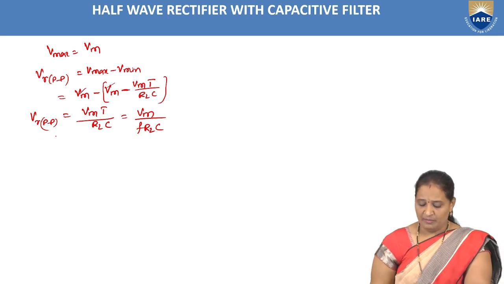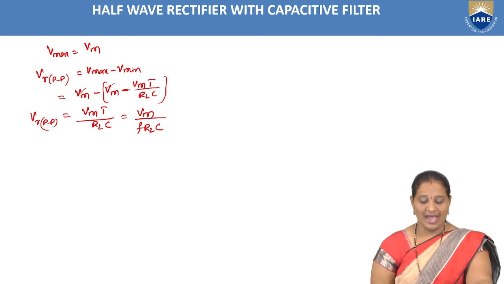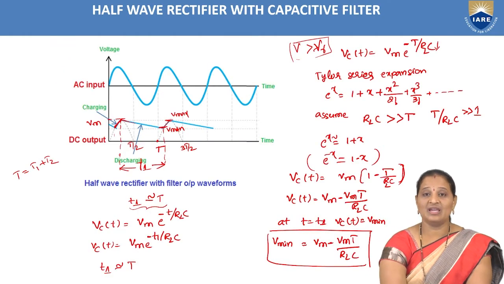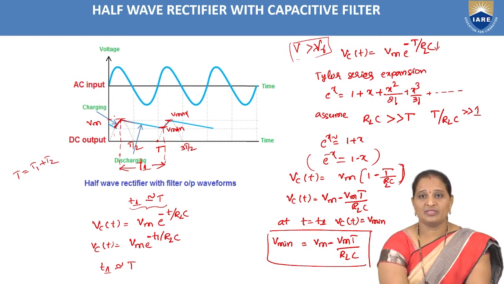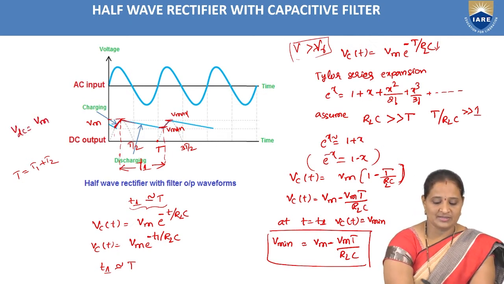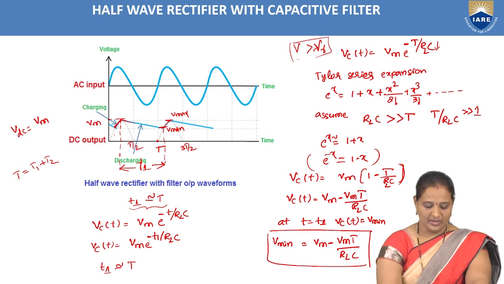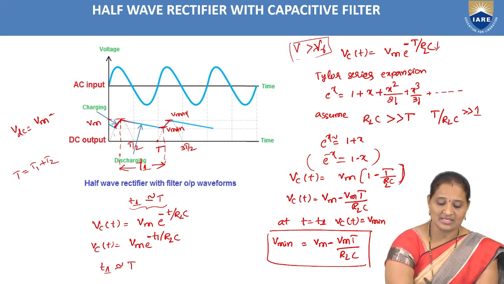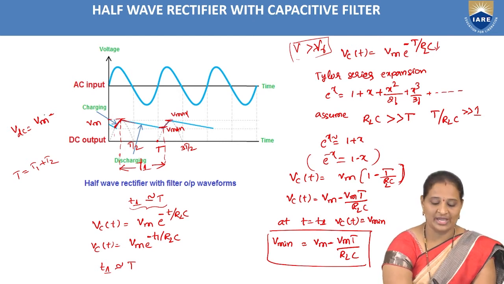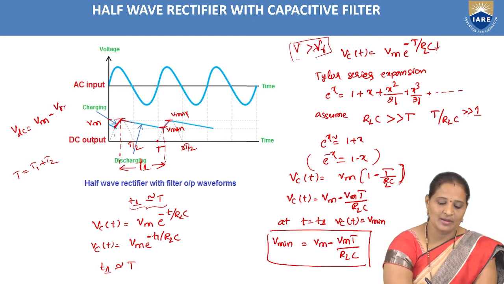So now before calculating the ripple factor, first of all we are going to calculate the DC value of this waveform. The DC value of this waveform can be given by Vmax, that is the maximum value, minus the average value of this ripple voltage, so that is VR peak to peak divided by 2.